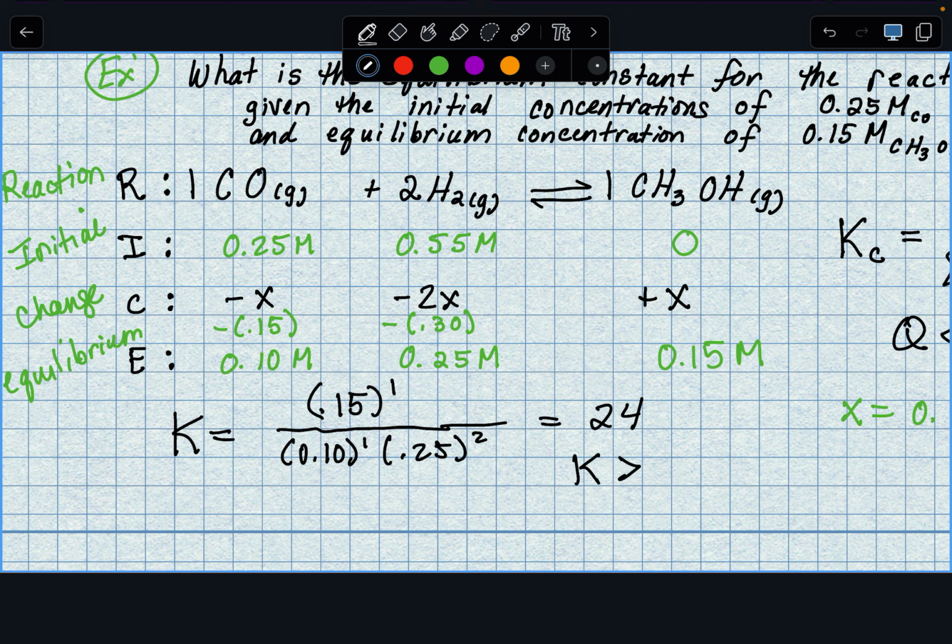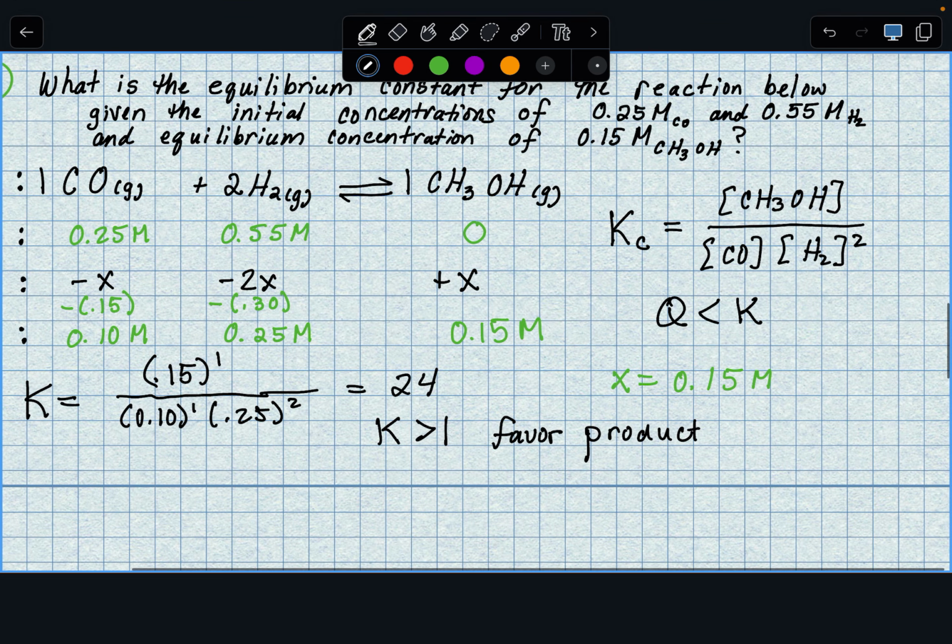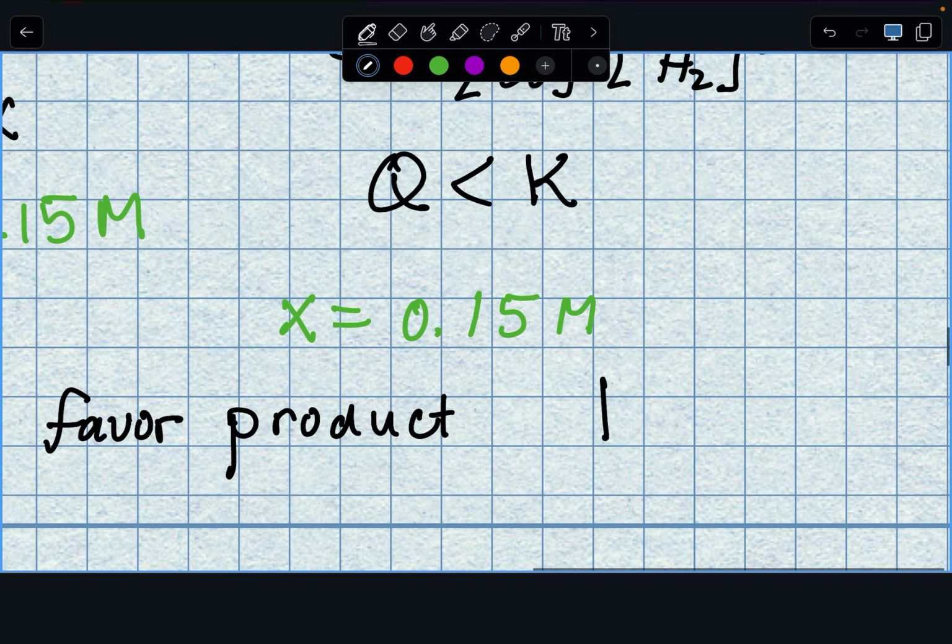And so the equilibrium constant is greater than 1. So this is going to, again, going back to a separate video, trying to tie these all together, favor product production. So they might say favor product, or favors the production of more product, or favors the right side, something like that. All right, the other thing that I want to tie in from a previous video is that this came from the fact that the equilibrium constant, don't forget, is a ratio of the rate constants.